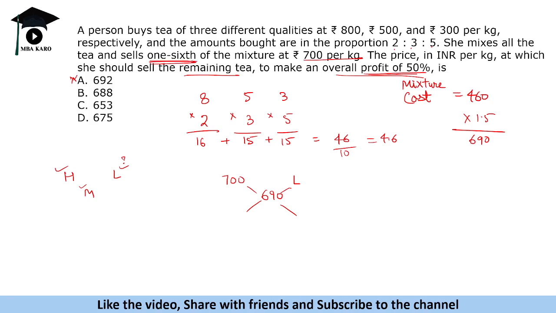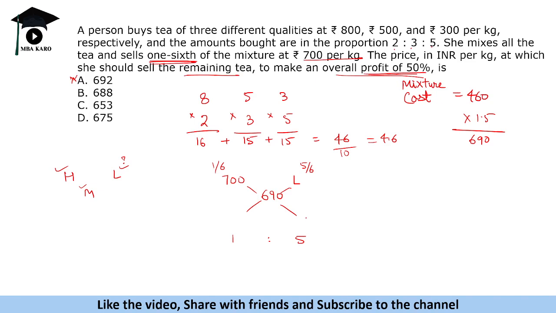This is 1/6. 1/6 means one part, and the lower value should be 5 parts. So this ratio should be 1:5 because it is 1/6. You need to keep in mind that this is 1/6, so this will be 5/6. This is 1/6 of the total, this is 5/6 of the total. So the ratio is 1:5. So what we need to do is subtract.